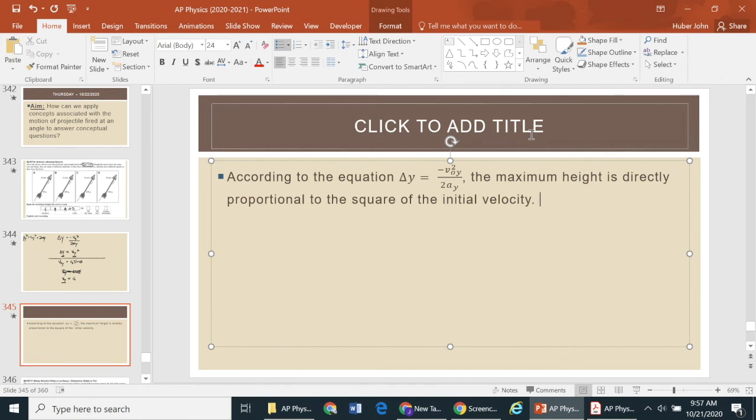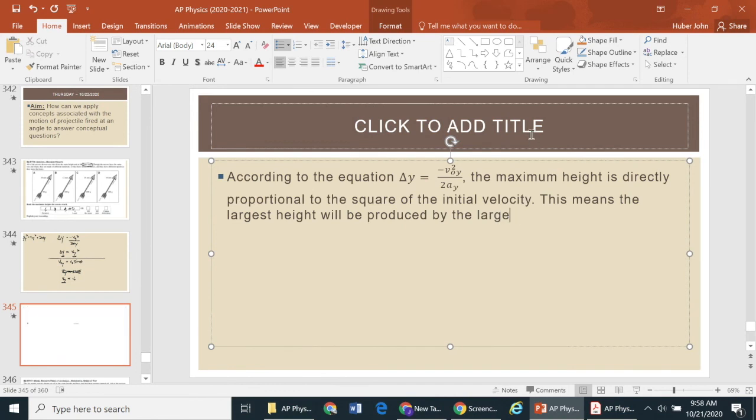This means the largest maximum height will be produced by the largest vertical component of the initial velocity.